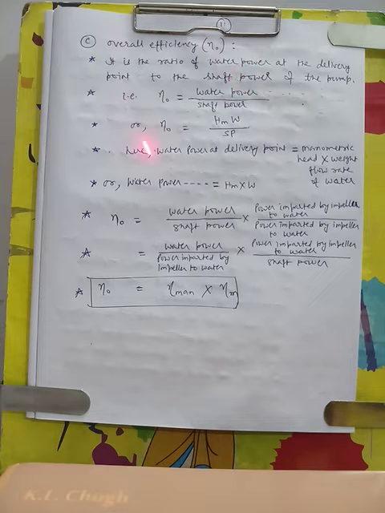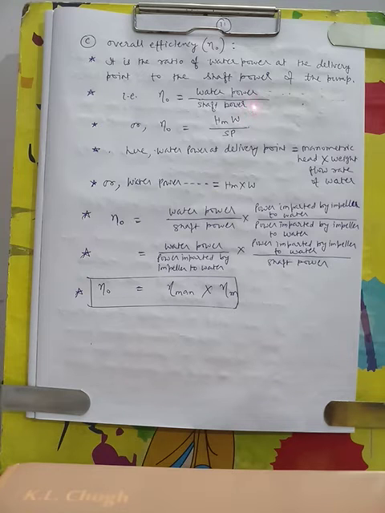So let us see the other efficiency, that is the overall efficiency, eta O. Overall efficiency is the ratio of the water power at the delivery point to the shaft power of the pump. It means the water power, the power available at the delivery point, divided by shaft power.